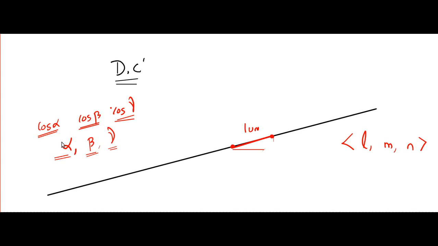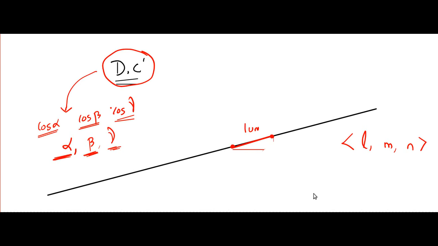So if you calculate cos alpha, cos beta, cos gamma, where alpha, beta, gamma are the angles made by this line and the x-axis, y-axis, z-axis respectively, then you are going to get the same answer, L, M, N. And that is why unit projection is called direction cosines.